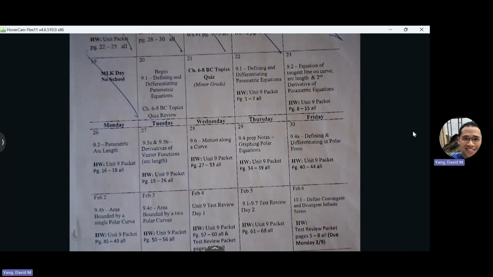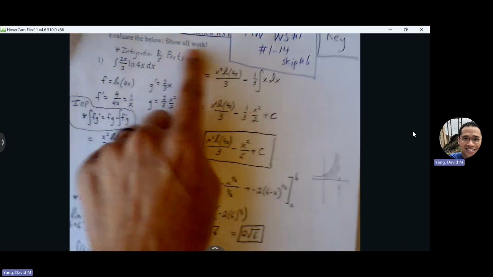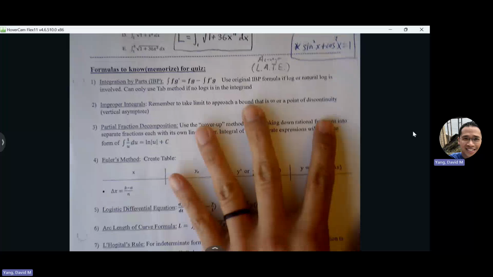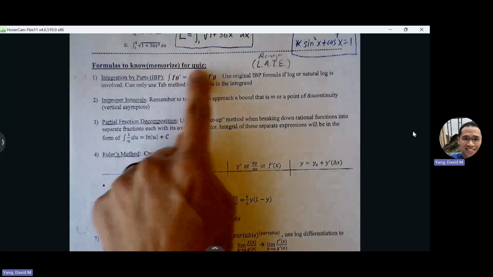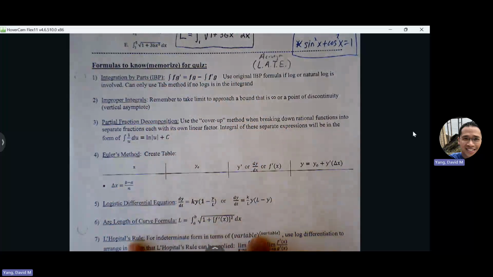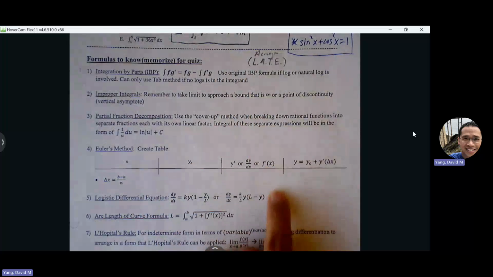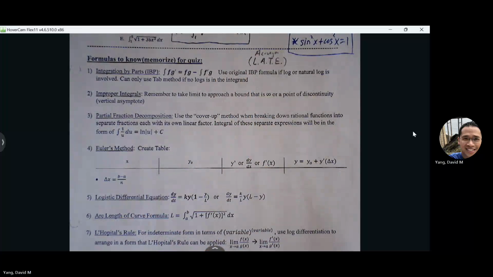Also, in your quiz review packets, you have worksheets 1 through 3. A good thing to look through is the end of worksheet 1, formulas that you want to make sure you're familiar and comfortable with going into the quiz.